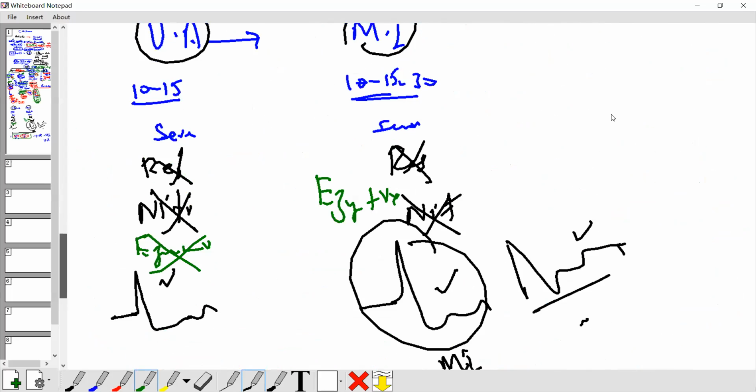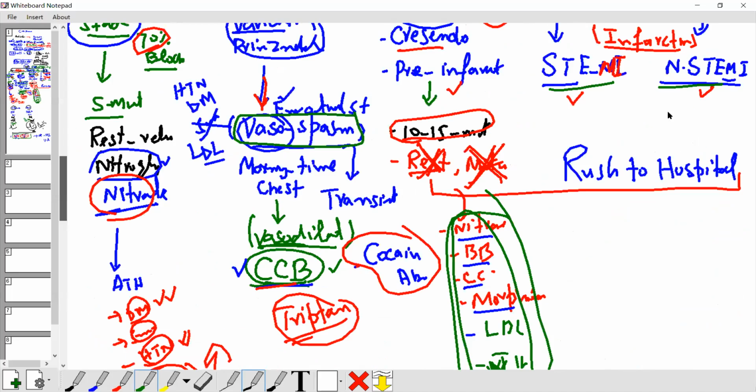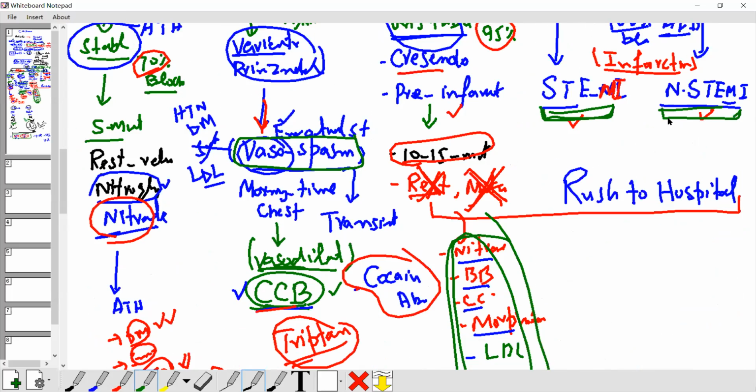Now STEMI, or the dangerous one, non-STEMI. Listen here from the ECG. In this one, the ST segment is elevated, and on this side the ST segment is depressed below the line.